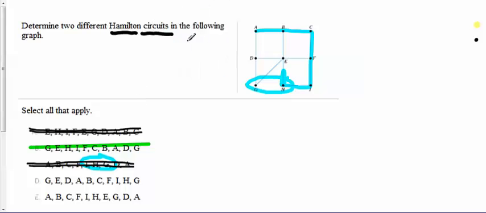Let's go back to my highlighter and use purple this time, and let's erase C.